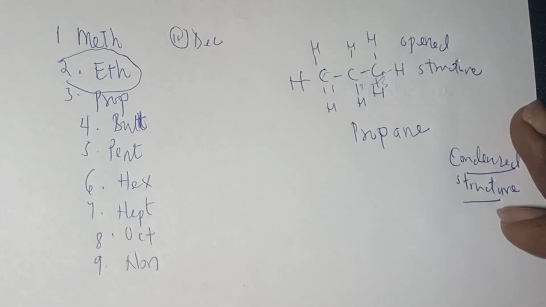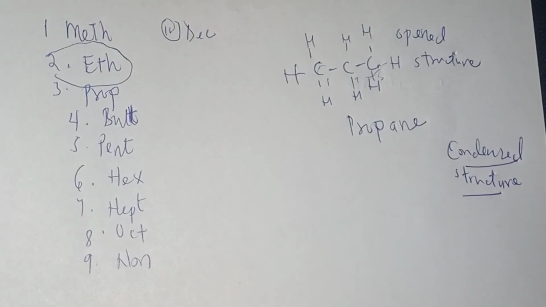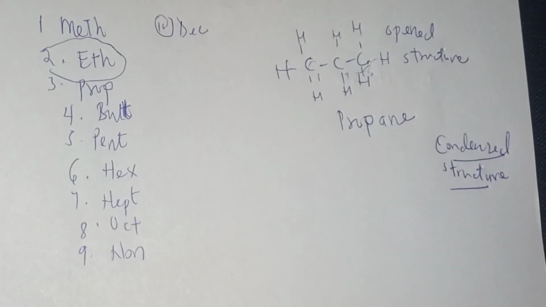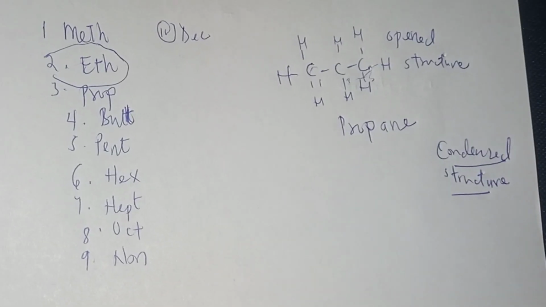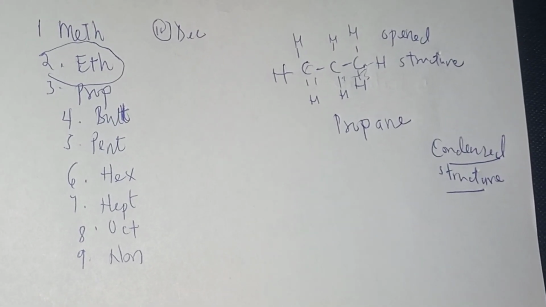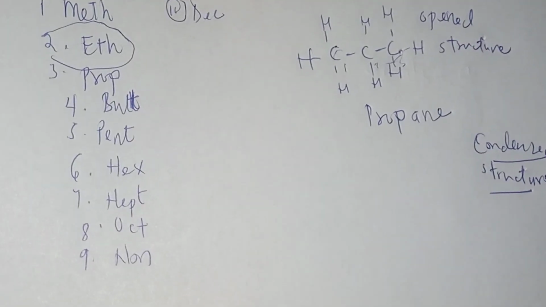Okay, so the condensed structure has to do with packing in some of the atoms to make it look simpler. And as we know, condensed simply means something that has been packed in such a compact way to make it more simple to read.